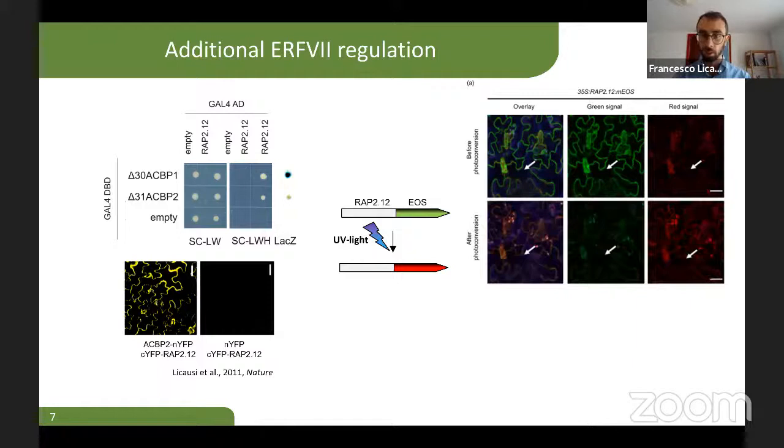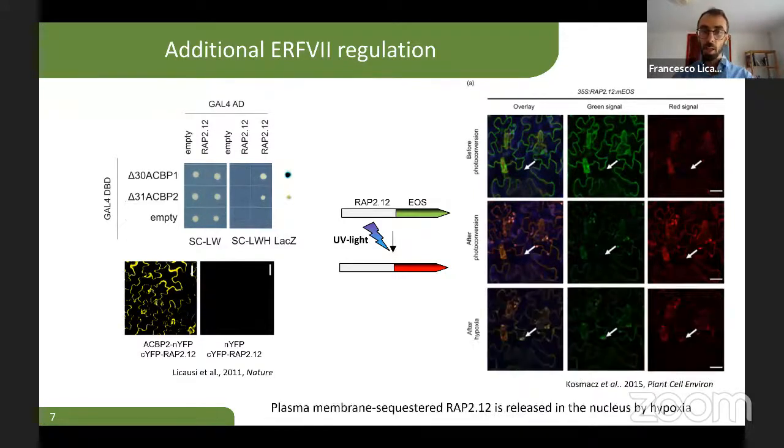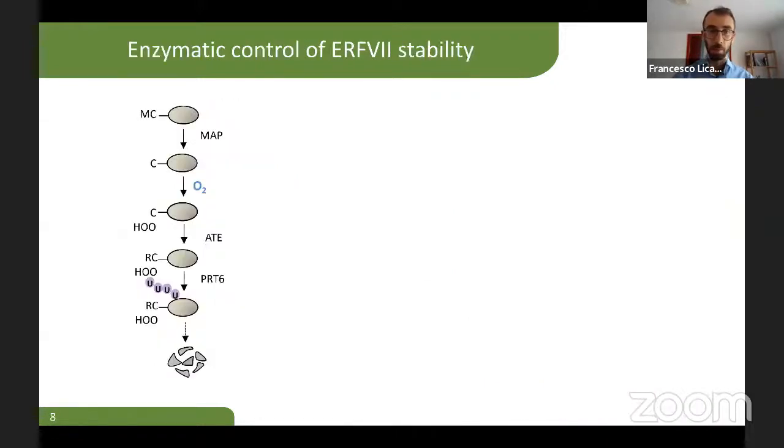I hope you can see that. The white arrow would indicate the position of the nucleus. So after hypoxia, we could see both red and green fluorescence, indicating that both old and newly synthesized protein contribute to nuclearly localized ERFVII. And this probably really is the response upon hypoxia.